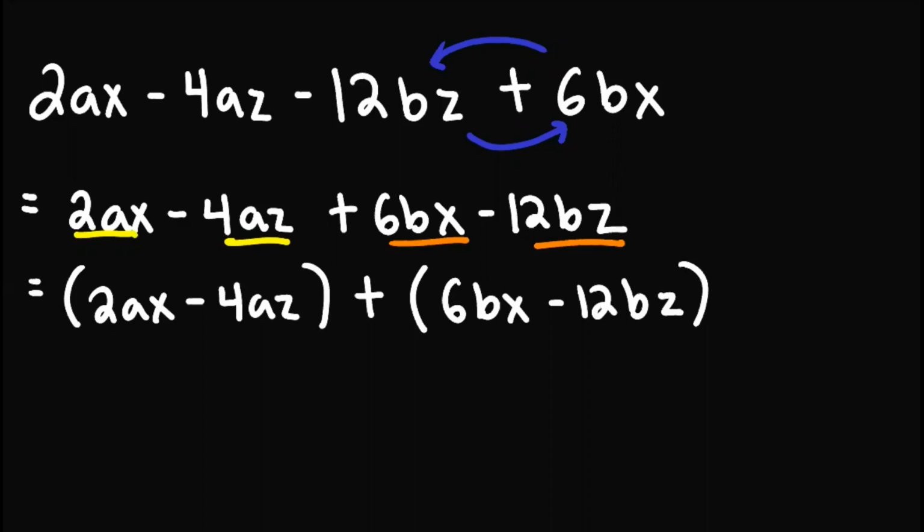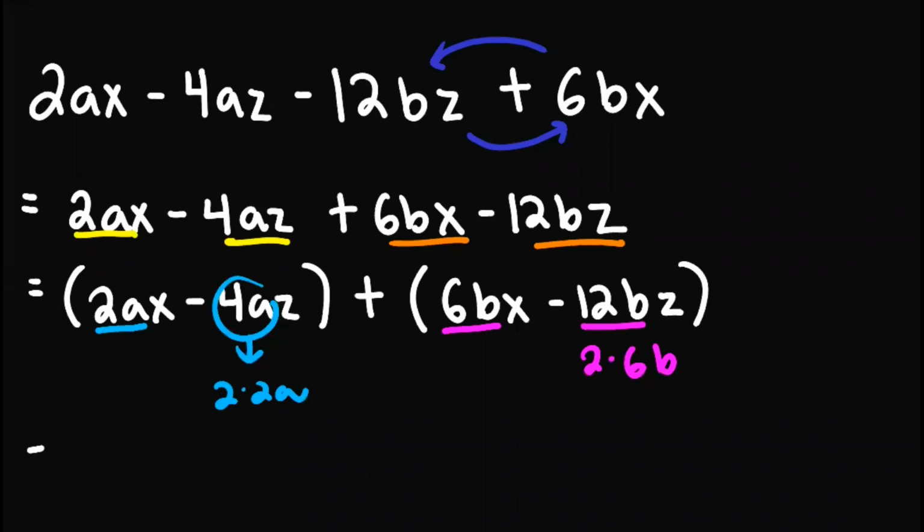Factoring out the common term, in this case, we have 2a, and this one we can write as 2 times 2a. For this one, the common term is 6b, and this one we can write as 2 times 6b.